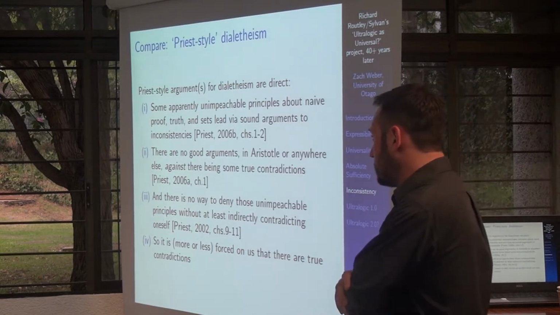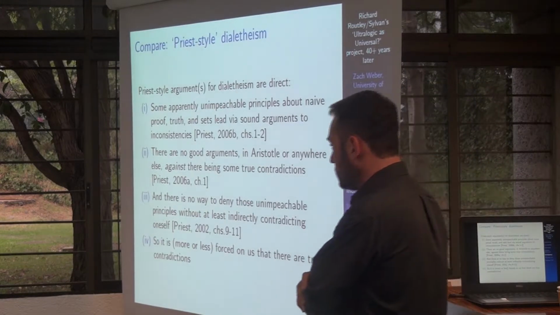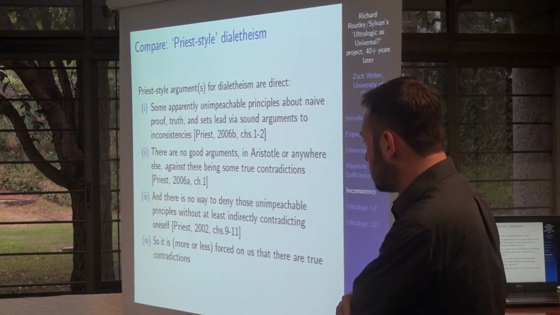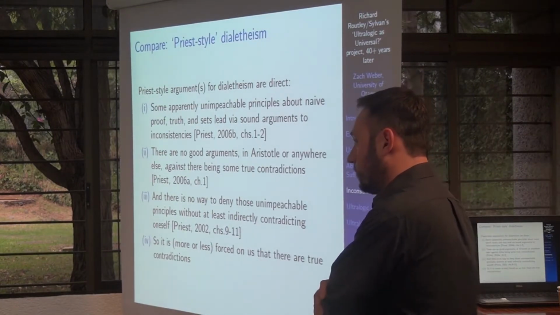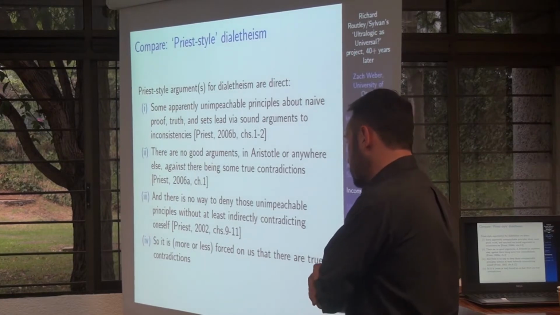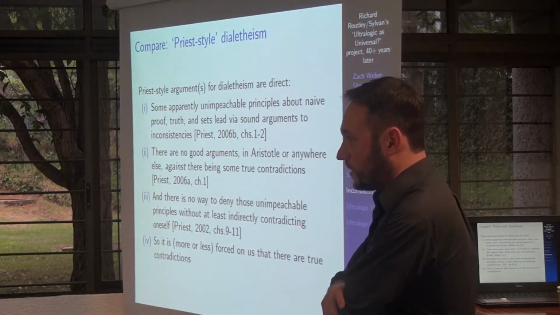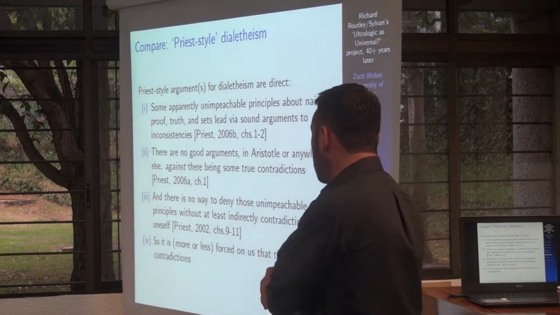But there are no good arguments against some true contradictions, and there's no way to deny those unimpeachable premises without at least indirectly contradicting yourself. So more or less, you're deductively forced into the position that there are true contradictions, right? That's a direct kind of argument trying to convince you.